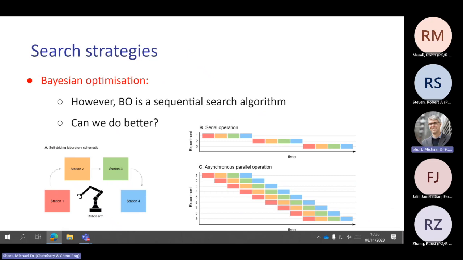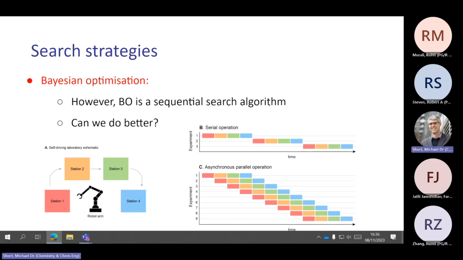That comes to our proposed algorithm, which is called asynchronous batch Bayesian optimization. It can be summarized in Figure 3. Compared to Figure B, we can see that in iteration 5, there are already several experiments being evaluated, which are called the pending points.